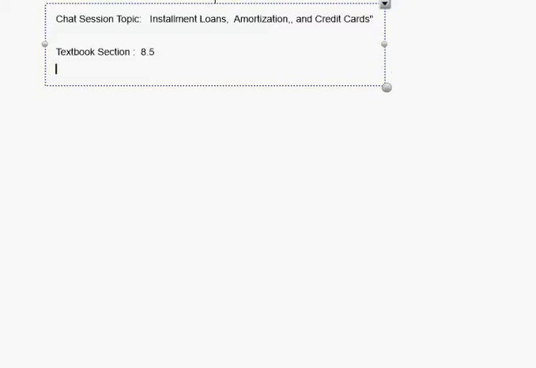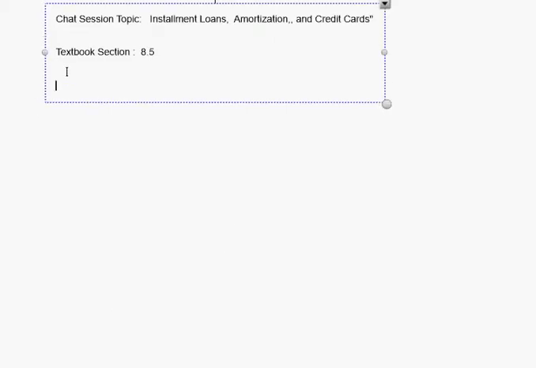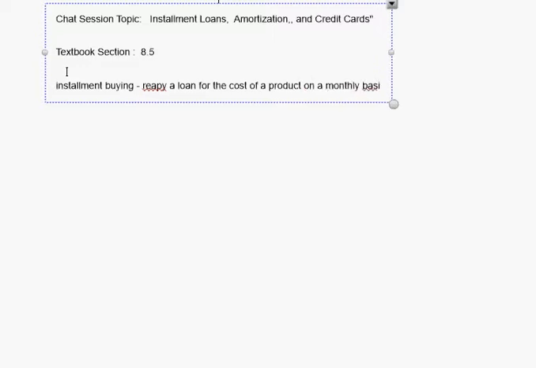Installment buying is where you repay a loan for the cost of a product on a monthly basis, like a credit card.